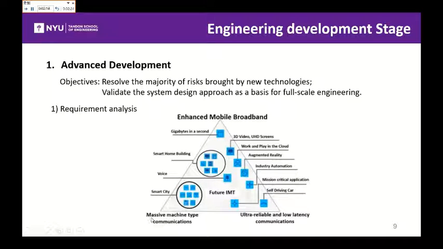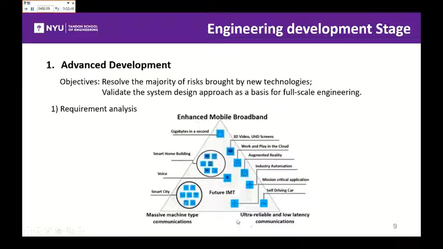And second is massive machine-type communication. This is critical for the implementation of Internet of Things. And only if we achieve this feature can we go into a smart city.